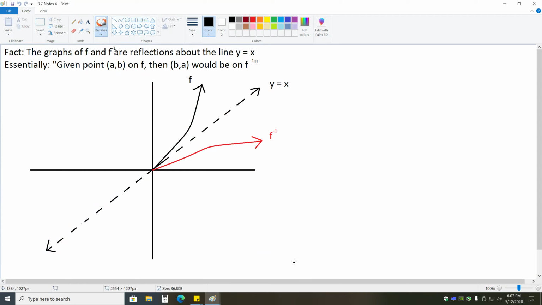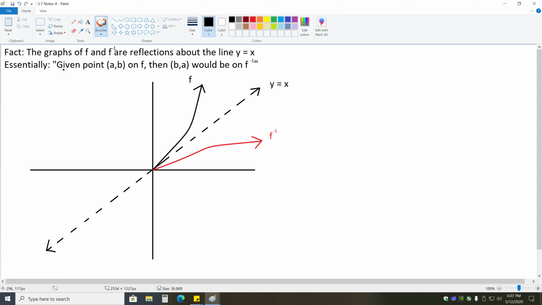Okay, but from there, let's quickly talk about what an inverse looks like on a graph. So we say that the graphs of f and f inverse are reflections about the line y equals x.